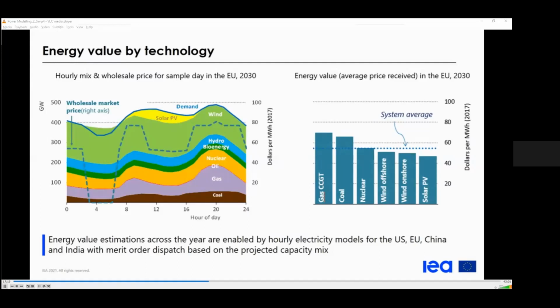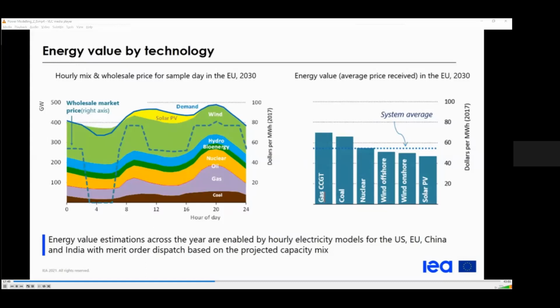And for variable renewables, it would really depend on the degree of variability and how the output of solar, the output of wind is adequate and coincide with system needs. So in this example of the European Union here, we can see that their lower ability to contribute to the evening peaks would mean a lower capacity value.